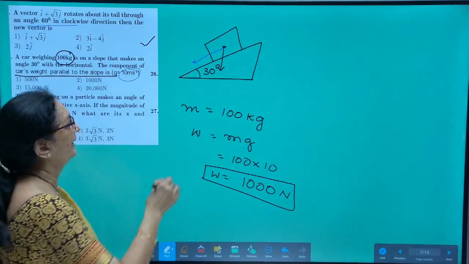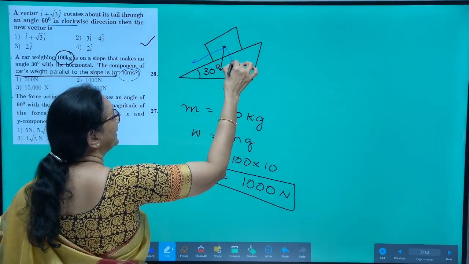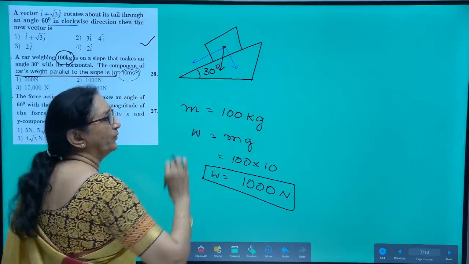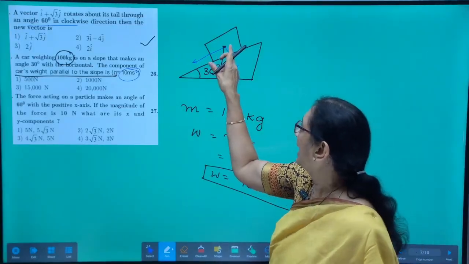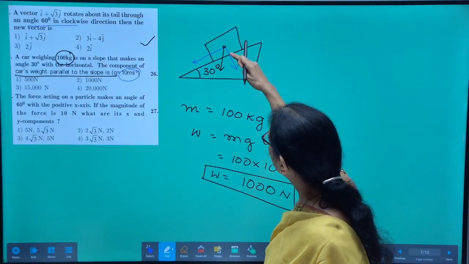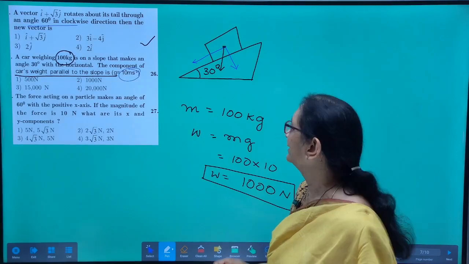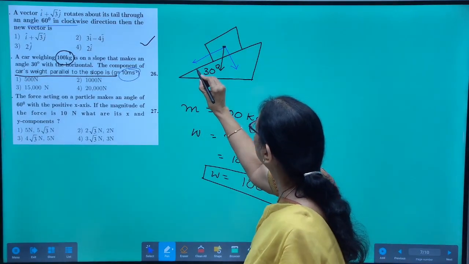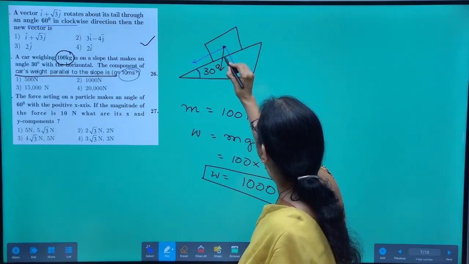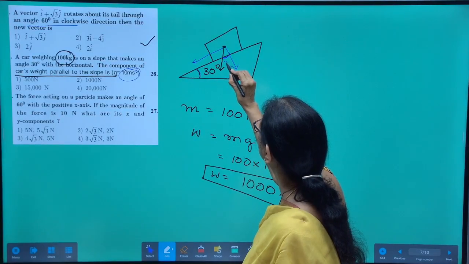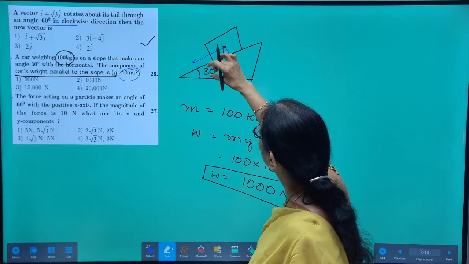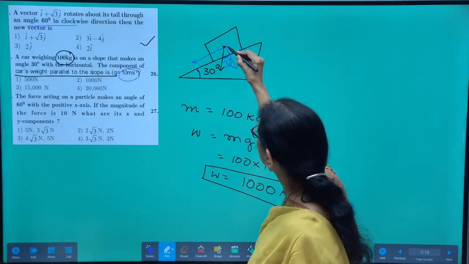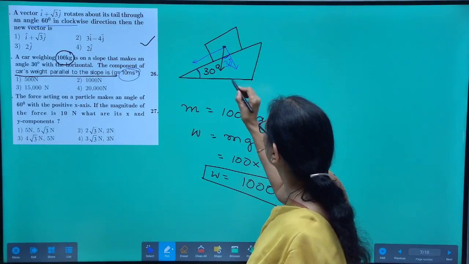Actually, we can resolve its weight into two rectangular components. One component is parallel to the plane and another component is perpendicular to the plane. See here, if this is 30 degrees, this angle becomes 30 degrees, isn't it? These two are perpendicular to these two. This is vertical, perpendicular to this horizontal.